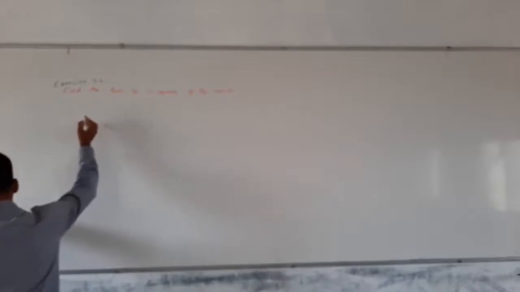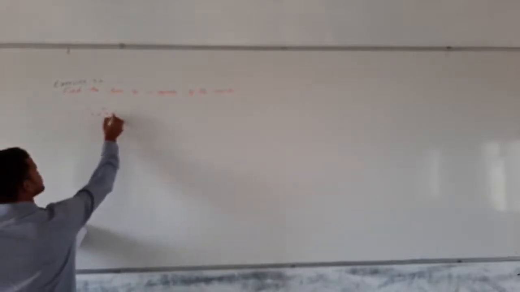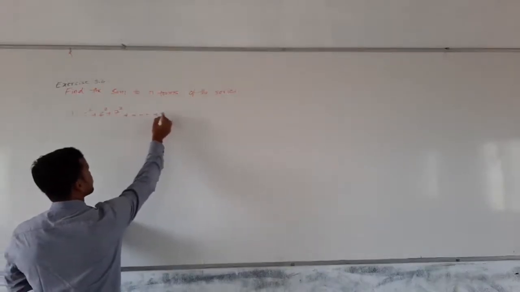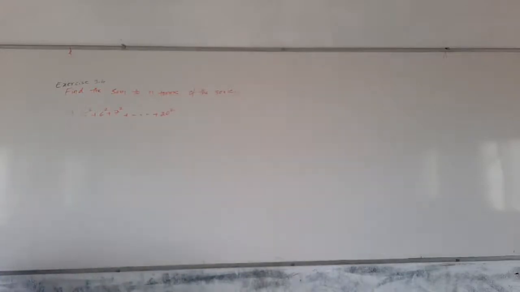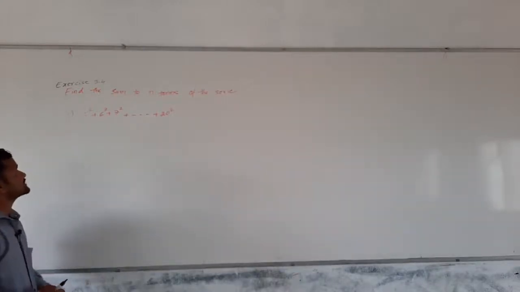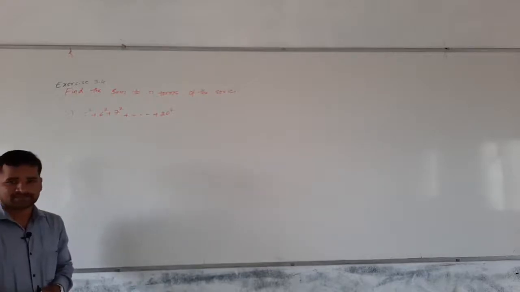The series given is 5 square plus 6 square plus 7 square plus so on up to 20 square. See, this is starting from 5 square plus 6 square plus 7 square, so on up to 20 square.